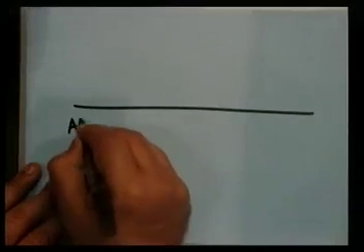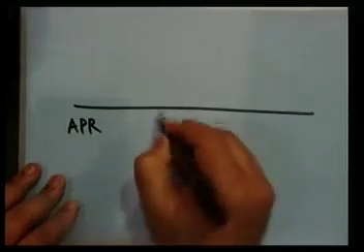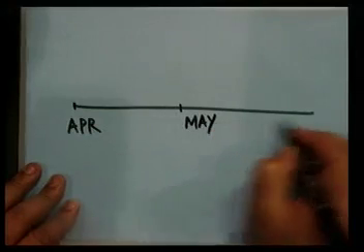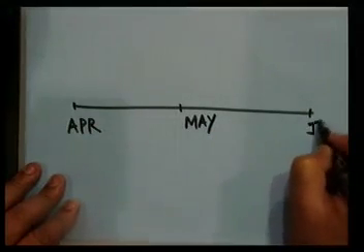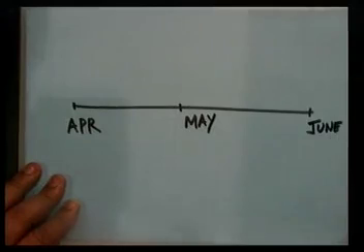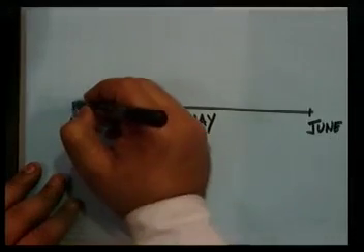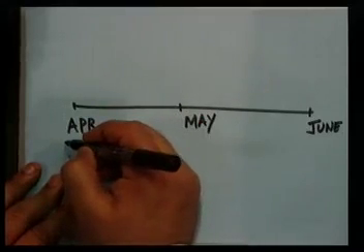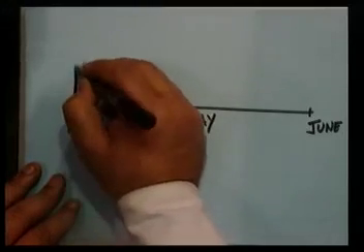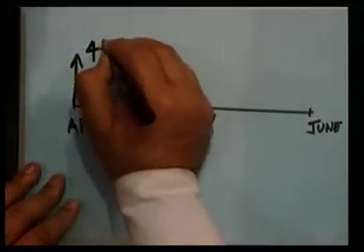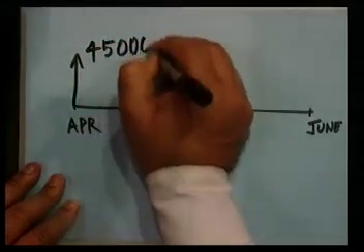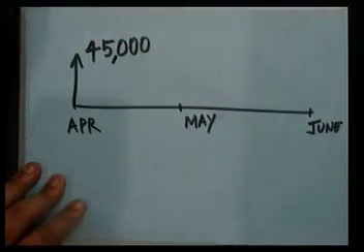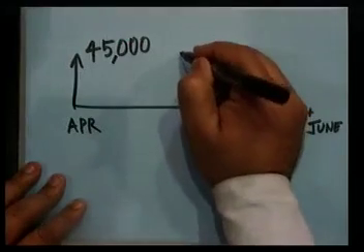This is month of April, May, June, right, 150,000 in upward direction and 105,000 in downward direction. So, resultant is 45,000 in upward direction, right.